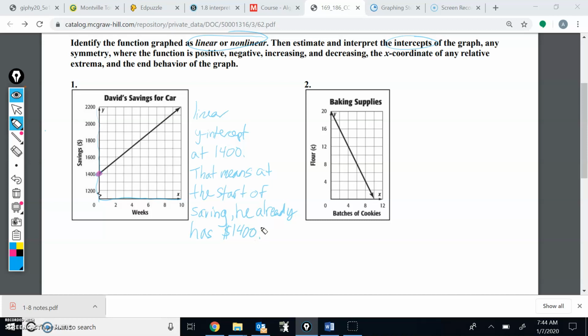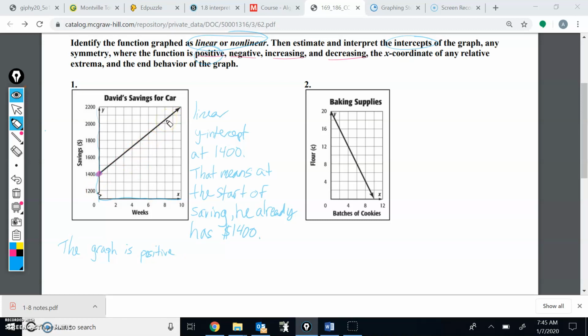Then we have to talk about whether the graph is going positive or negative, increasing or decreasing. So the graph is going positively. Positive means, is it above the x-axis? The graph is.